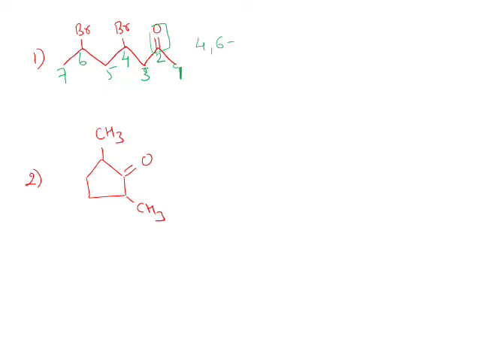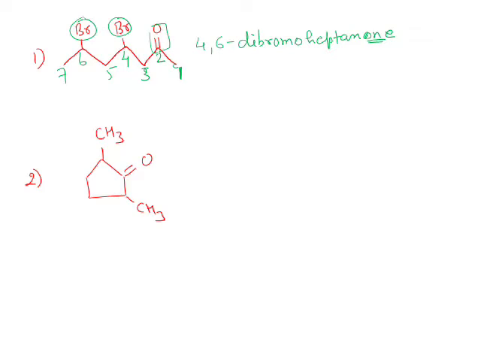We have 2 bromo attached as a substituent, so 4,6-dibromo, and we have 7 altogether carbons in our parent chain, so 7 is heptanone. So 4,6-dibromoheptanone. So this is our name for the first molecule.